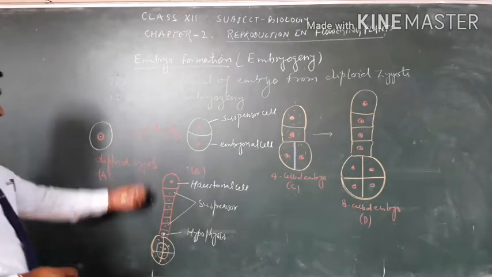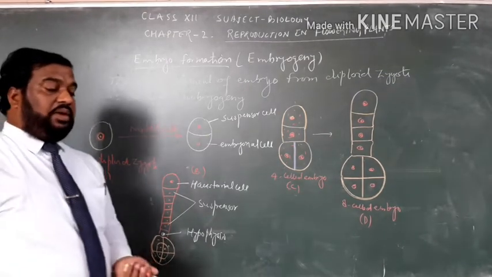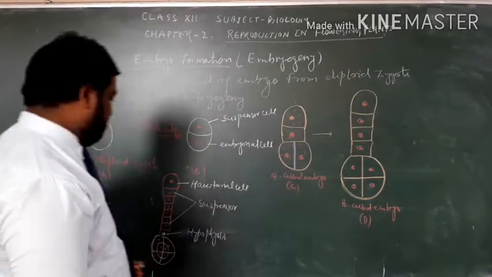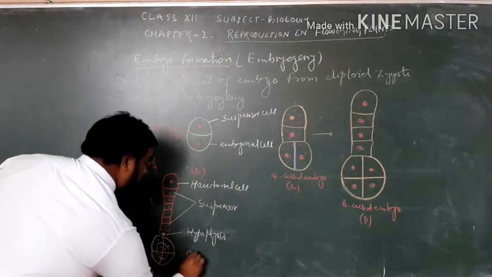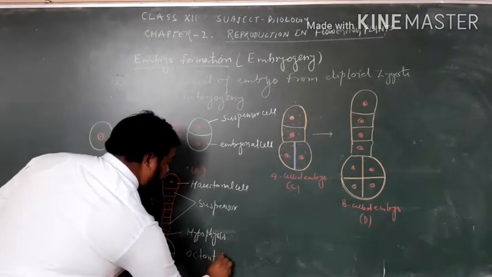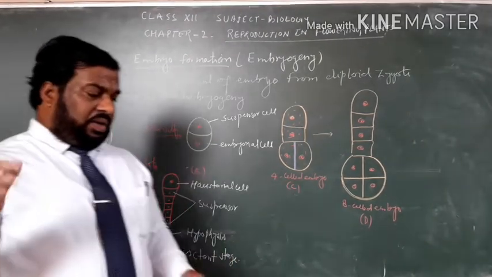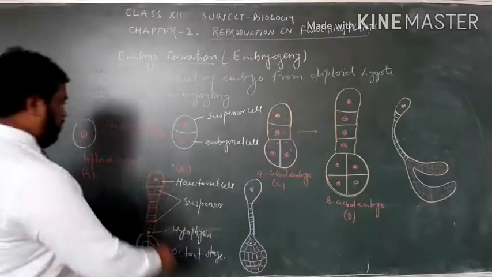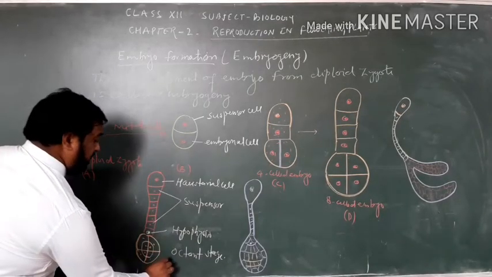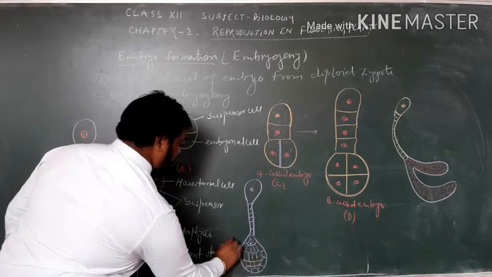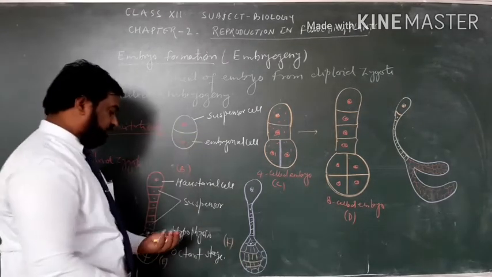Now this is globular, also known as octant stage. Octant stage. Further division goes on. This is structure E, or now this is F.